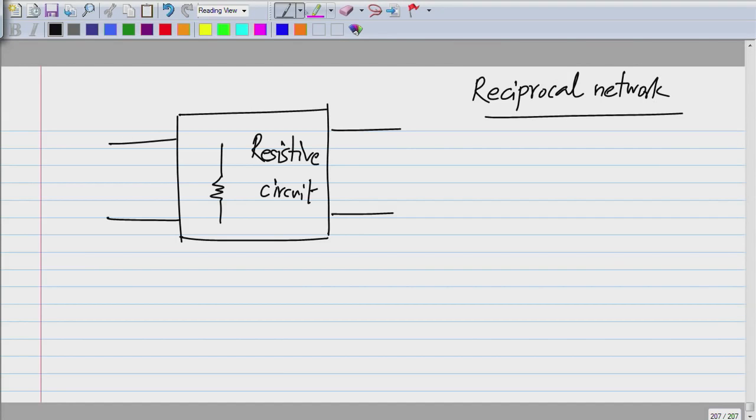And reciprocity can be thought of in different ways when we apply voltages to the two sides, or currents to the two sides, or voltage to one side and current to the other side.